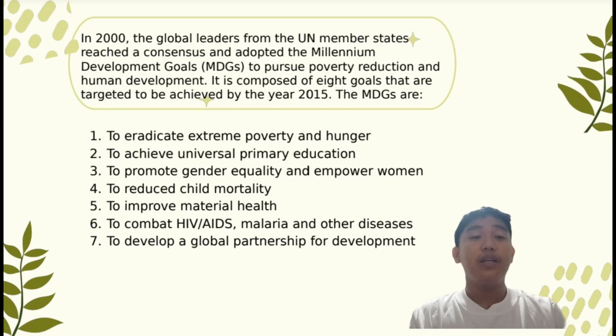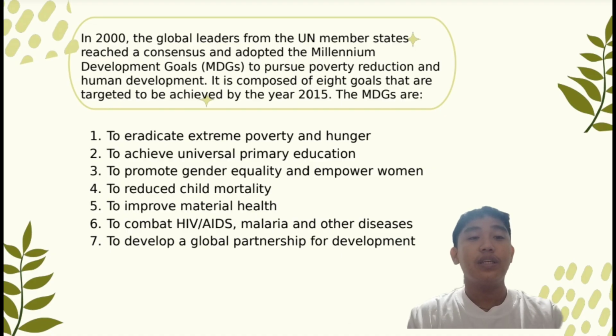In 2000, the global leaders from the UN member states reached a consensus and adopted the Millennium Development Goals. To pursue poverty reduction and human development, it is composed of eight goals that are targeted to be achieved by the year 2015.